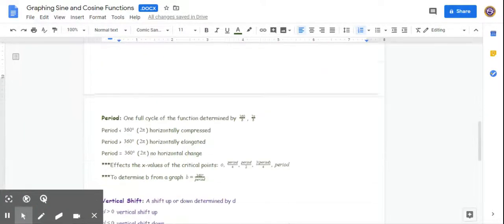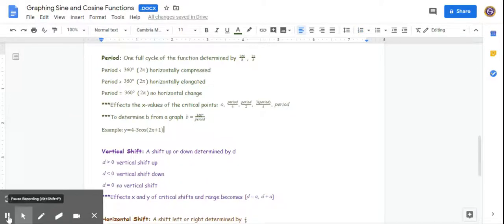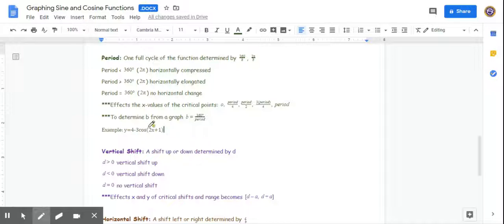period. So as an example, let's say this is my example right here, y equals 4 minus 3 cosine 2x plus 1. Frequency comes from the number in front of x, so that would be 2. And so my period would be 2 pi over 2.